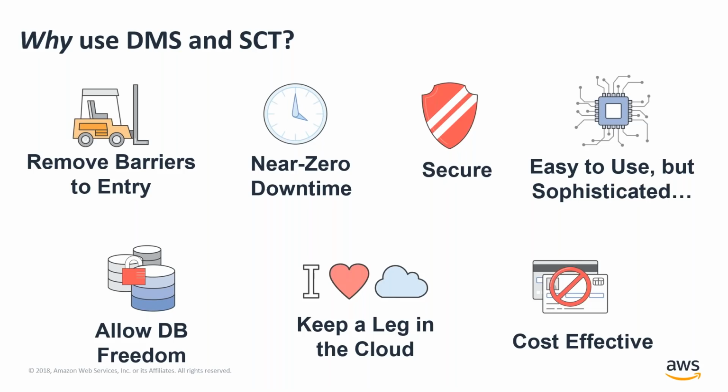So maybe for a period of time, I'm still having my ETL tool run against my legacy system, and then leverage the database migration service to synchronize data between the two systems while I do my testing, and then at some point I can cut over to Redshift if needed, or keep both of them running, which is a common pattern, and really use Redshift for new projects. But thinking about that near zero downtime with database migration service to keep those sources in sync becomes a great assurance while I'm testing and early in my adoption of Amazon Redshift.